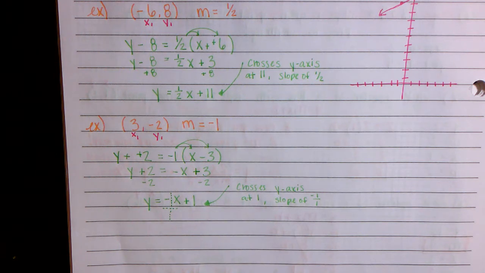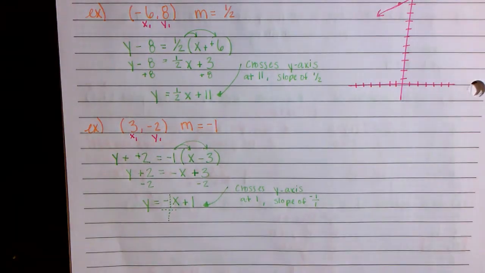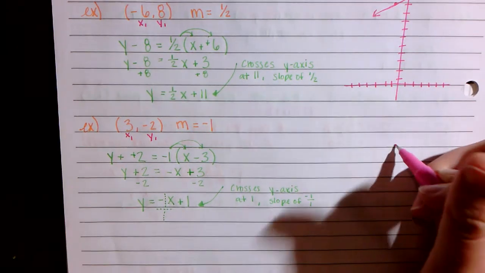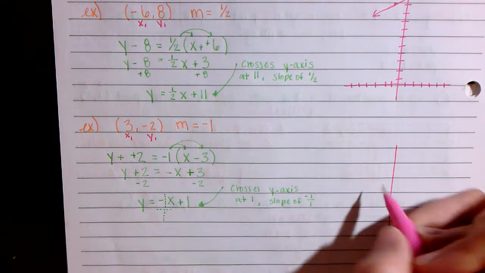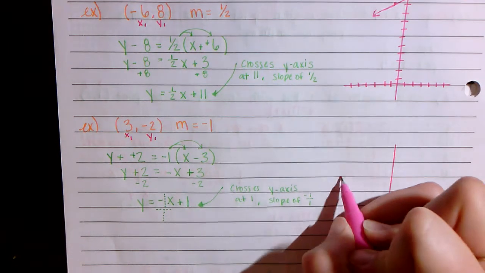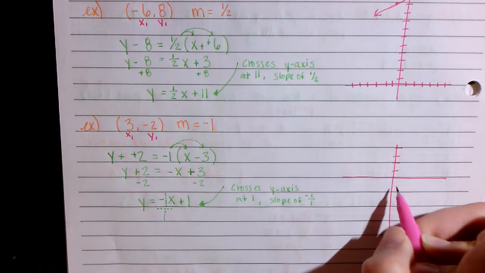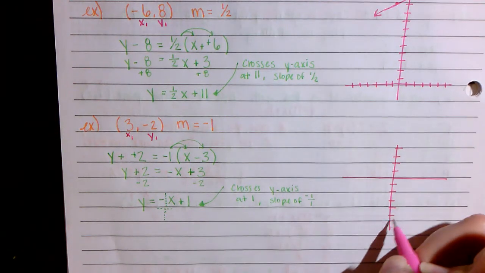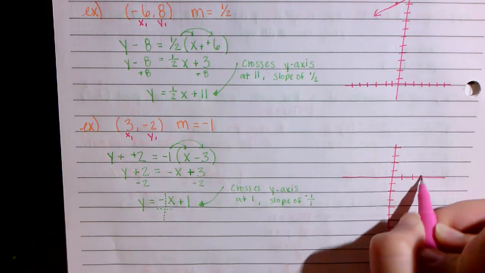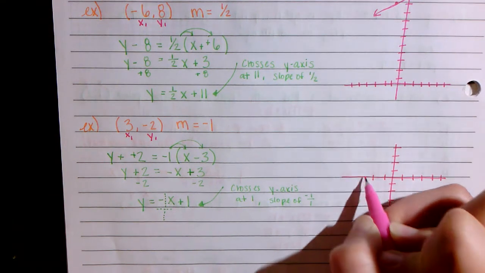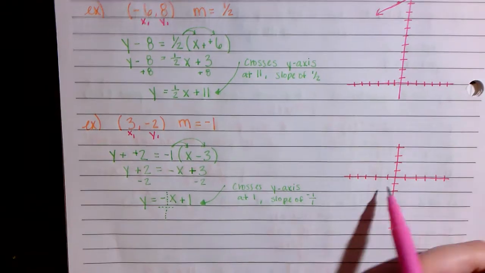I'll graph it for you just so you can visually see what this equation means and just kind of show you that. So it crosses at 1.